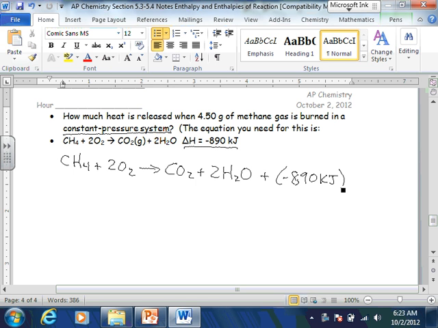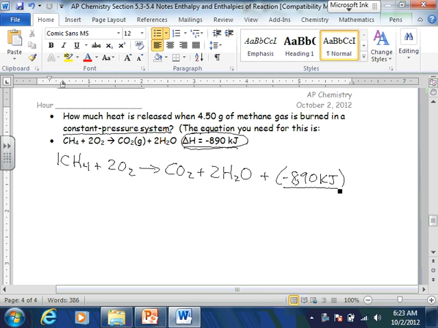Now, it can be written this way as well, and this is just fine, okay? But what that's telling you is for every 1 mole of CH4, if you look at the stoichiometry, for every 1 mole of CH4 that we burn, we're going to get 890 kilojoules of energy being given off, okay? So that's the idea there.